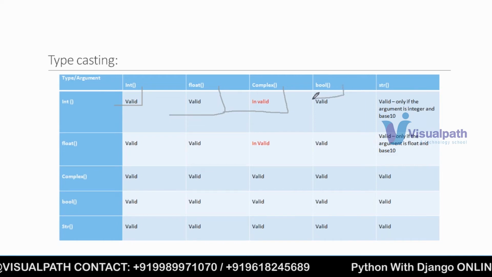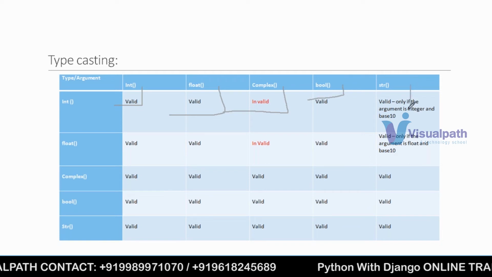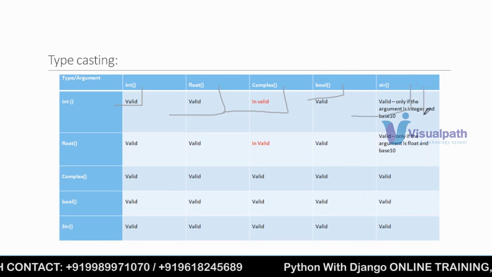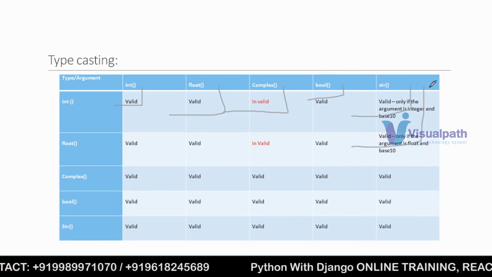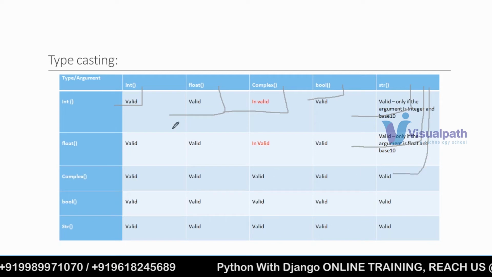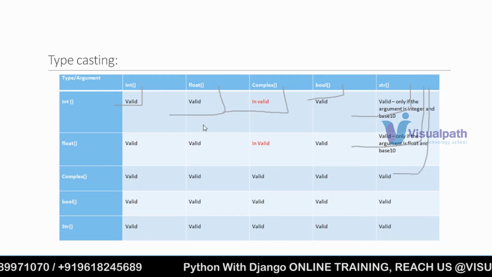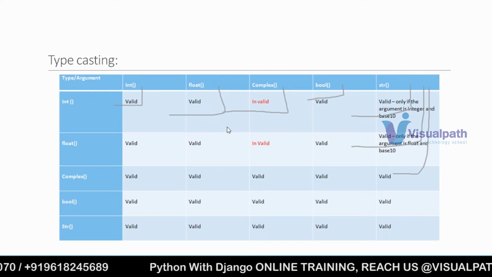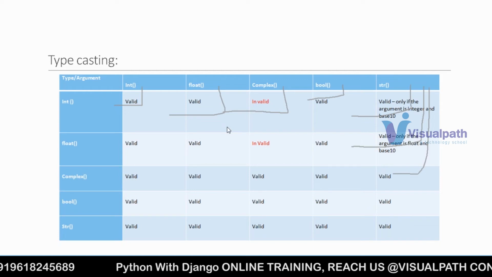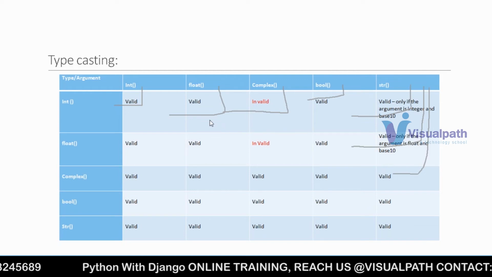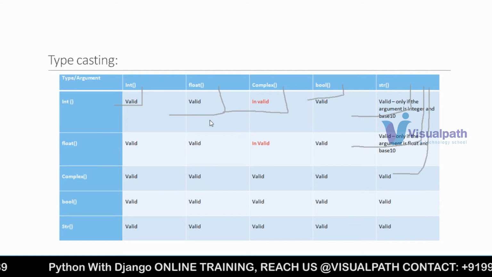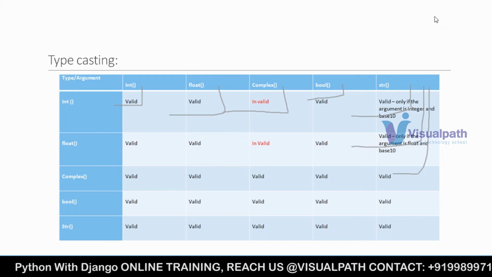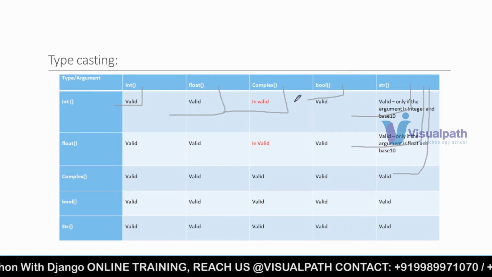Converting Boolean to this, converting string to integer, converting string to float, converting string to complex type, like this. Take a pic of this, maybe you can't note it down, it takes time, right? So complex anyway we are not going to discuss.